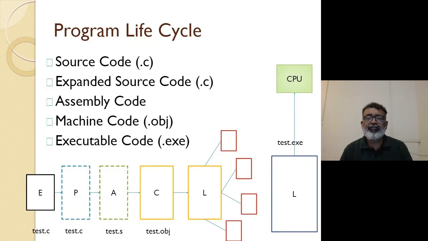This is full code which cannot be read because it is in 0 1 0 1 format. The file is created with the same file name, but the extension is .obj, which is referred to as the object file. So test.obj is created, and this file is visible. We cannot read it, but it is visible in the current directory wherever you are working. It is called an obj file, right? Object code.